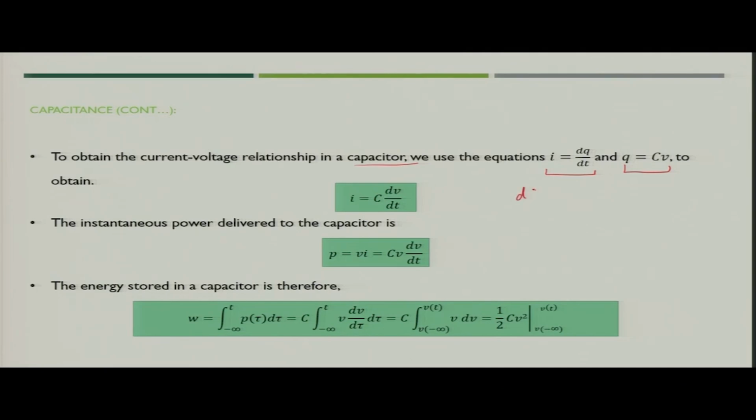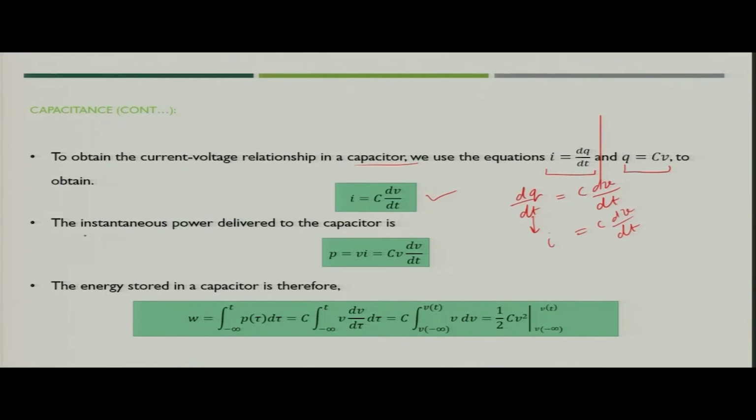So, this will become dq by dt equal to C dV by dt. C is a constant, so you do not differentiate it; if you differentiate, it will become 0. What is dq by dt? It is I. So, you get I equal to C dV by dt, and you can easily calculate the value of current I for a capacitor.